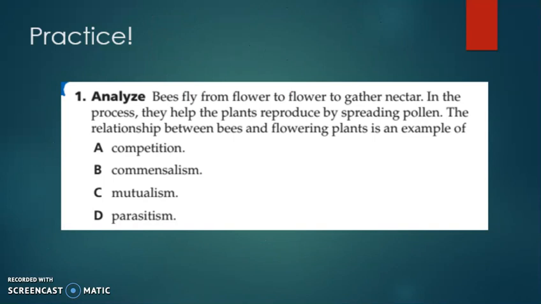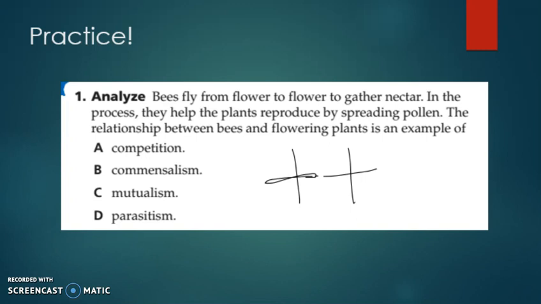All right, one last practice question before we wrap it up. Bees fly from flower to flower to gather nectar. In the process, they help the plants reproduce by spreading pollen. The relationship between bees and flowering plants is an example of what? Now, we went over this example earlier on another slide, so maybe you remember it was a plus-plus situation because the bees are getting nectar, which is food, and the flowering plants are being pollinated.